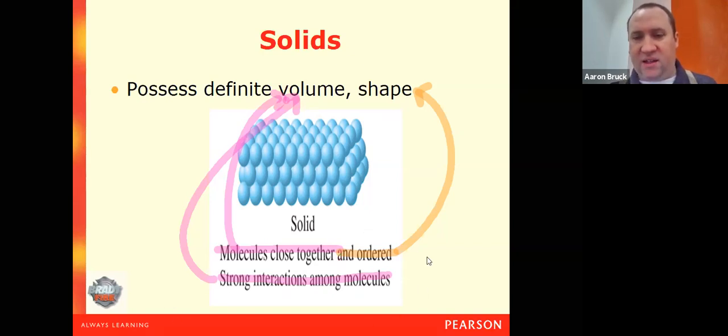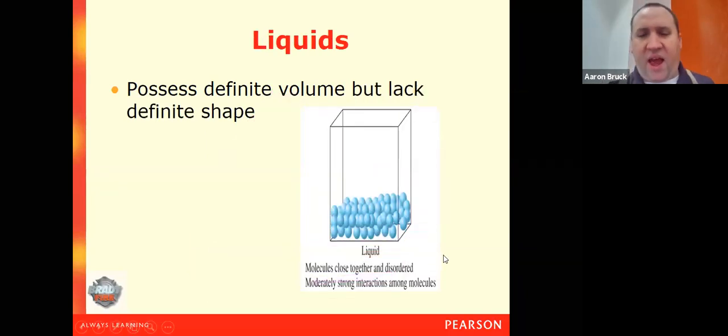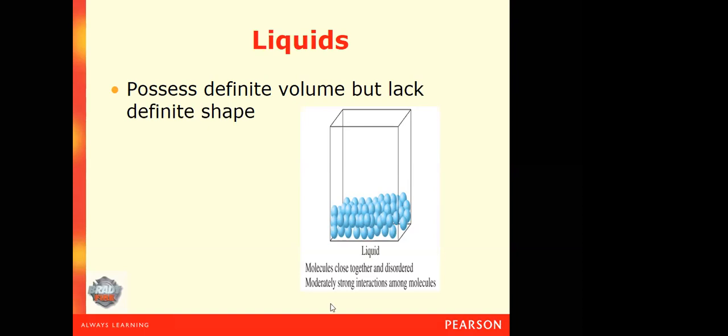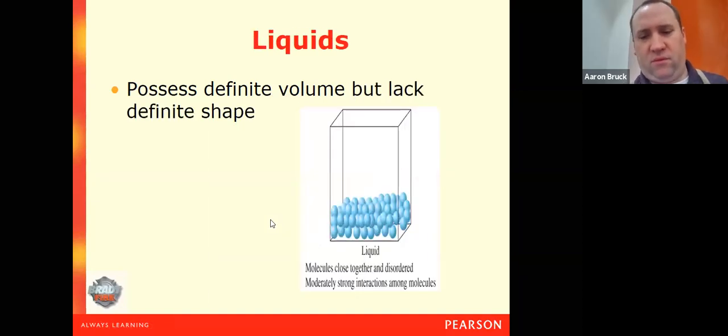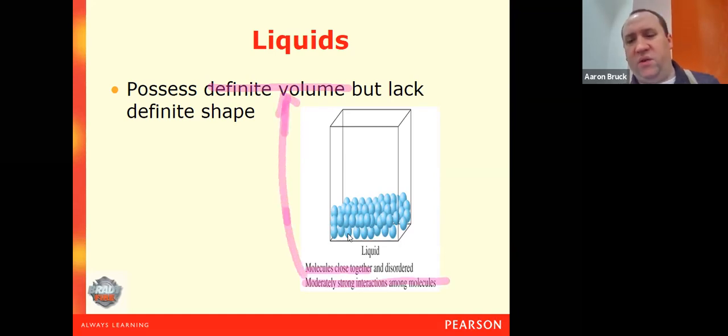Contrast that to the liquid. Liquids have definite volume, but they lack a definite shape. And so if you look at the words, again, definite volume, coming from the closeness and the strong interactions of the molecules relative to each other.